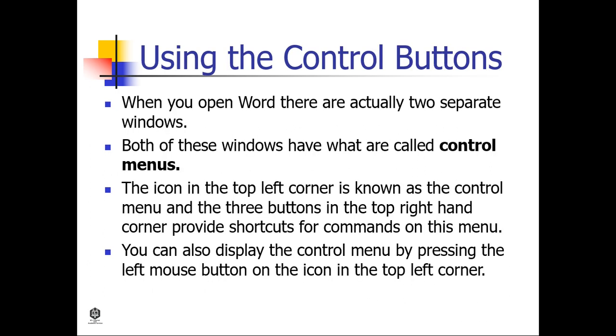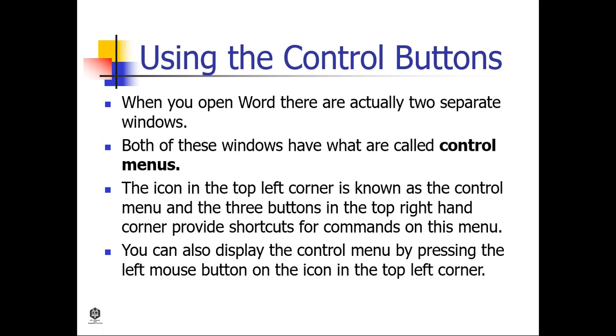In using the control buttons, when you open Word, there are actually two separate windows. Both of these windows have what are called control menus. The icon in the top left corner is known as the control menu, and the three buttons in the top right-hand corner provide shortcuts for commands on this menu.